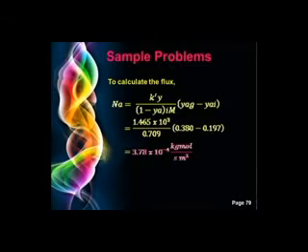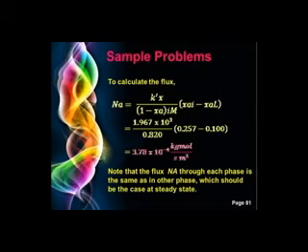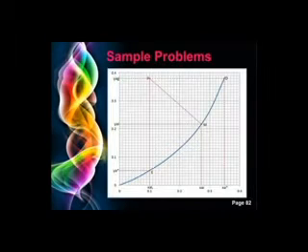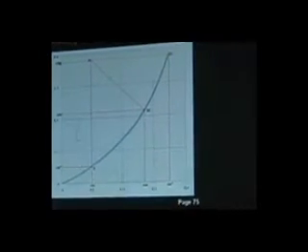Another equation for the flux is K prime X over 1 minus XAIM times XAI minus XAL. Plugging in the values, we get 3.78 times 10 to the minus 4 kilogram mole per second meter squared. Note that the flux NA through each phase is the same as in the other phase, which should be the case at steady state. This is the graph.